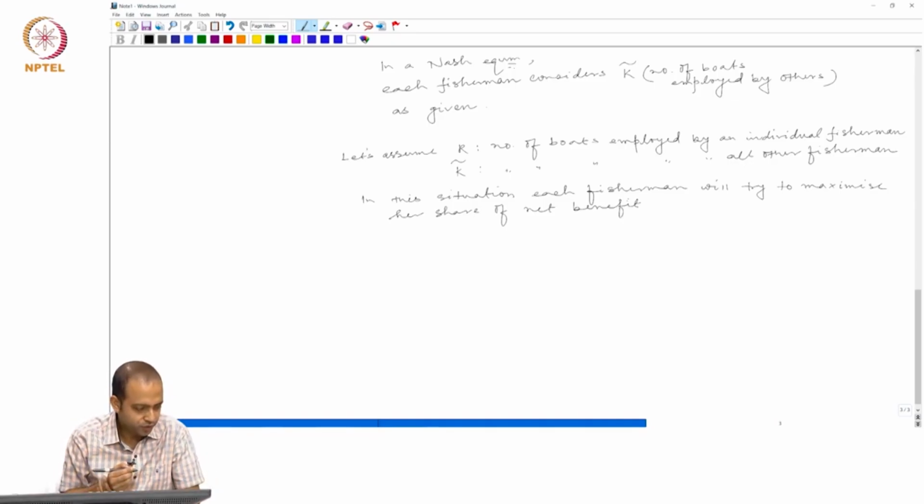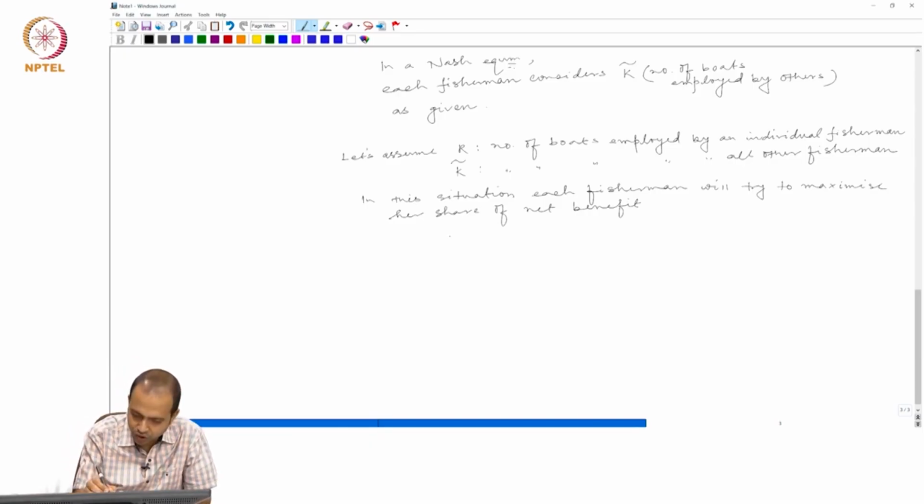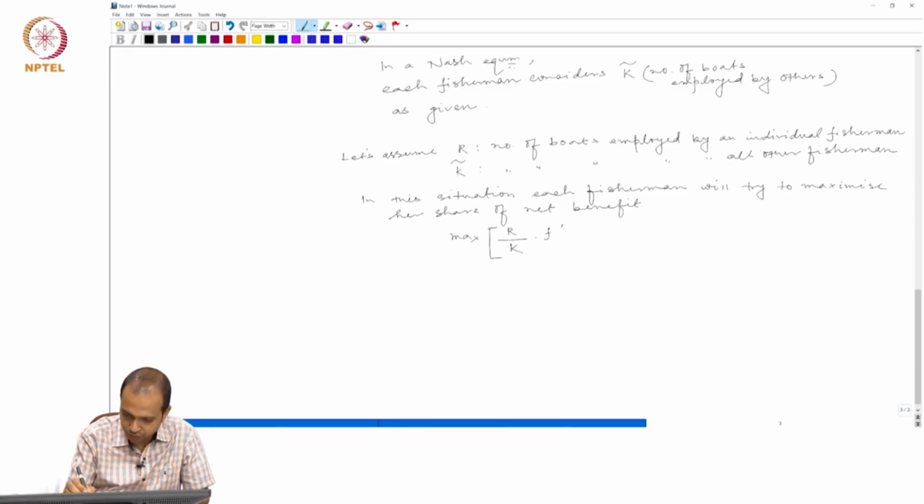Okay, net benefit. So, in terms of a simple optimization model, the objective here is to maximize the net benefit. How is it calculated? Net benefit is calculated by small k divided by capital K, multiplied by the production function.